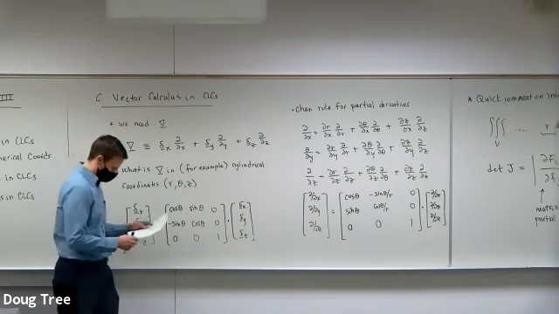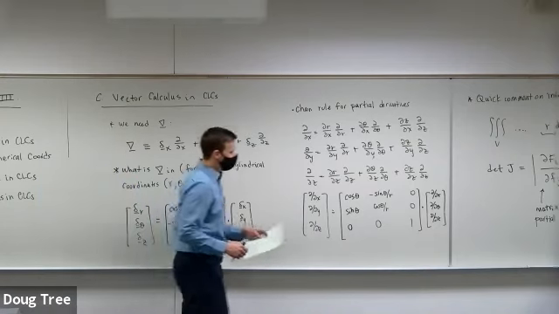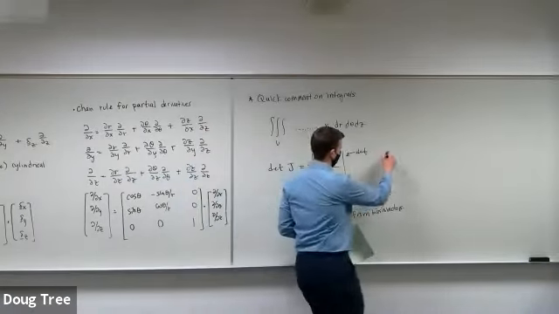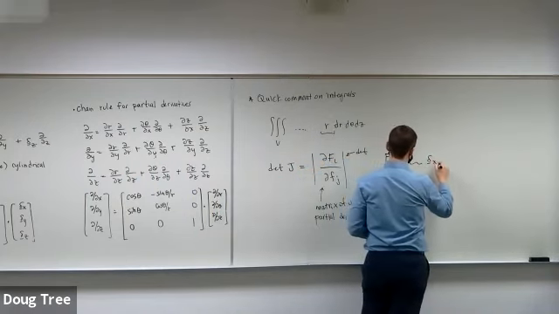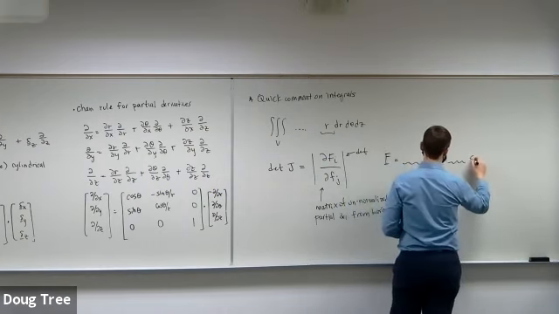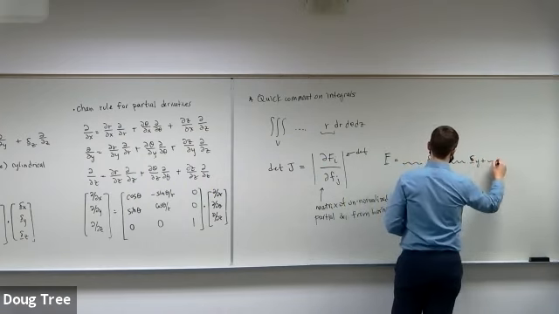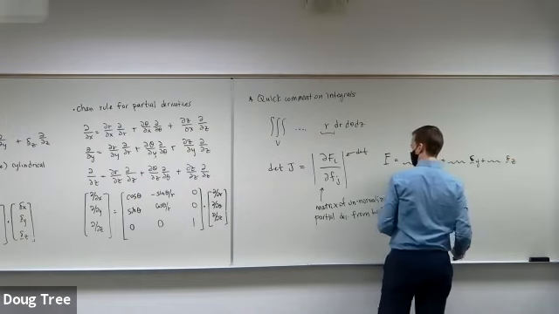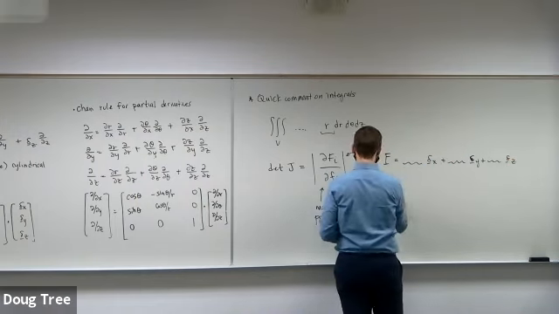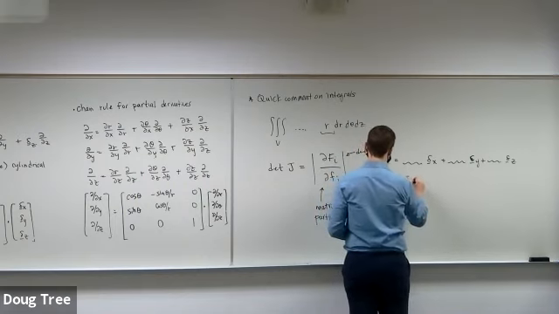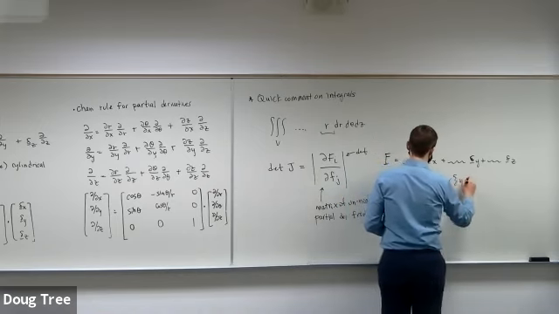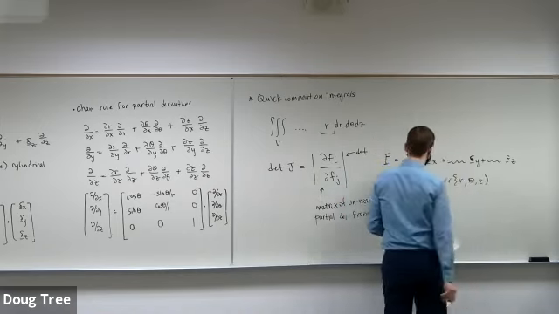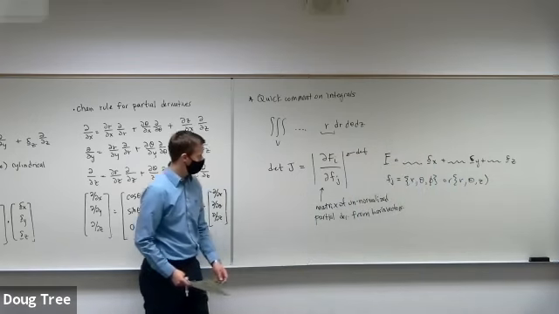So when I say this F, if you recall, this was the F where I said we had something dx plus something delta y plus something delta z. And now I'm taking the derivatives with respect to these f_j's, for example r theta phi, or r theta z.